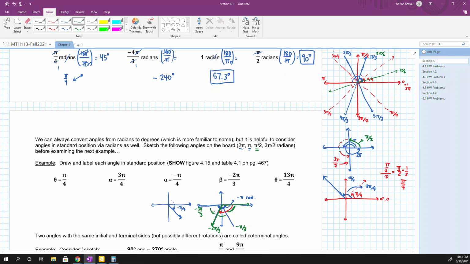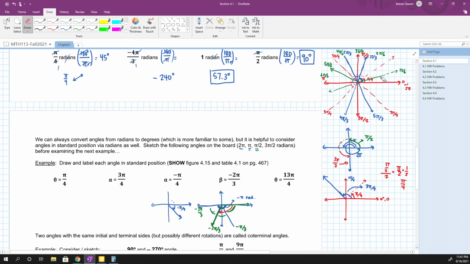And then I would have 3 pi over 6, 4 pi over 6, and come in here about half of that, 5 pi over 6, 6 pi over 6, right? So you could split it into sixths as well.